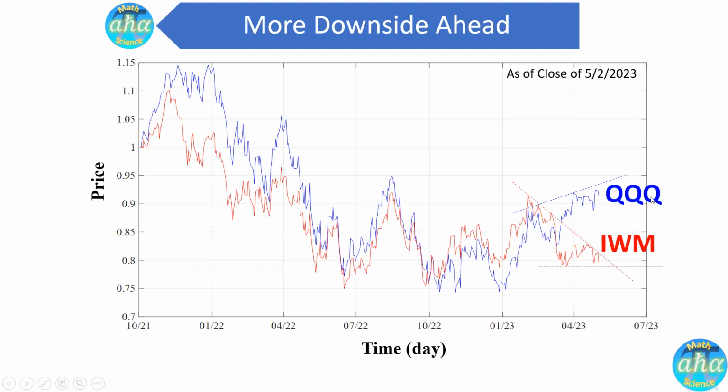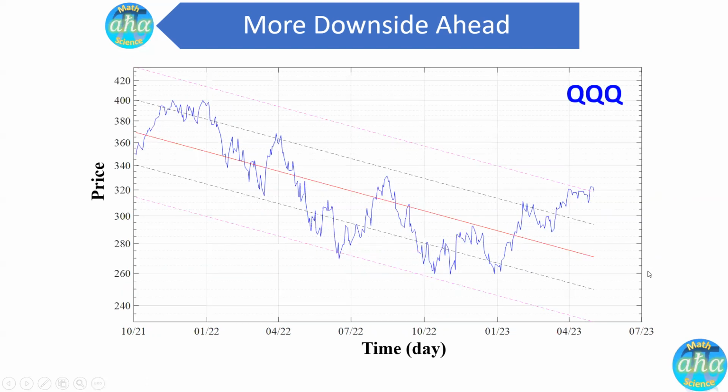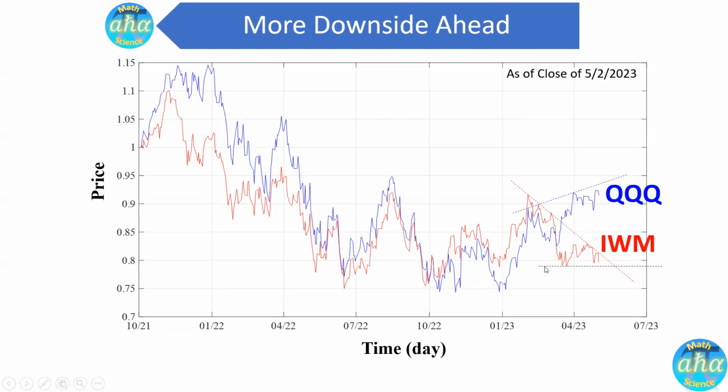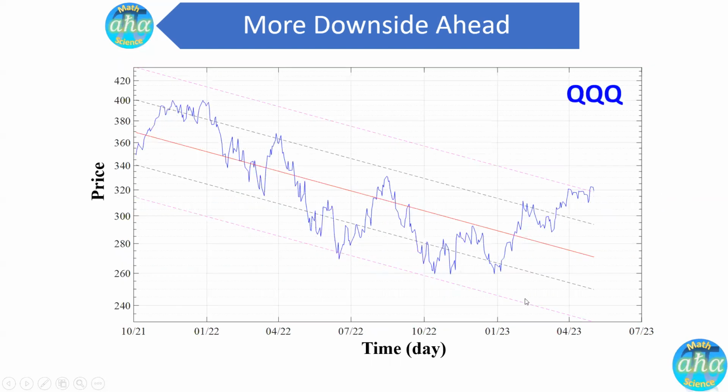We think the QQQ has not really escaped its downward trend. Eventually this divergence will be resolved, and the likelihood is that both indices will make new lows. So the QQQ will at least test the low that it made in December of 2022.